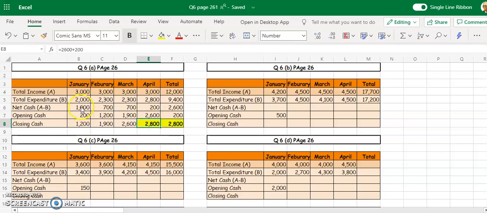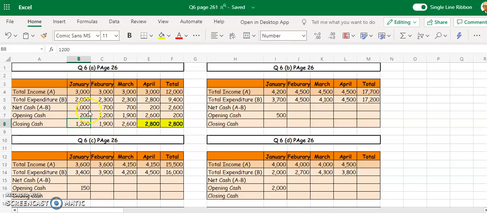So a couple of things. Your net cash is A minus B. Your opening cash will be given in the question, and your closing cash is where you add your net cash and your opening cash together. Your opening cash for the next month is the closing cash for the previous month. So think about your bank account at the end of January.